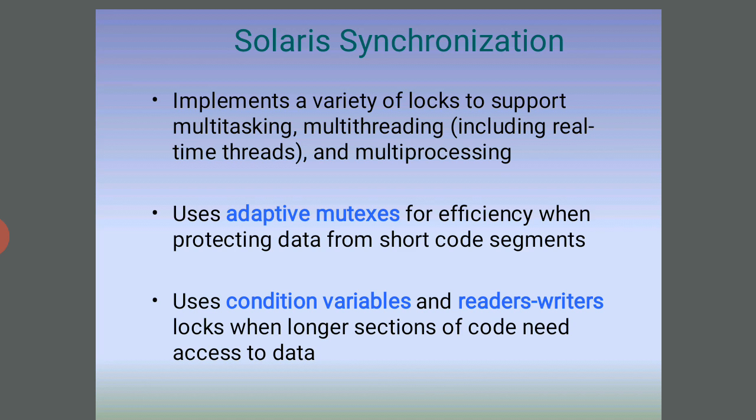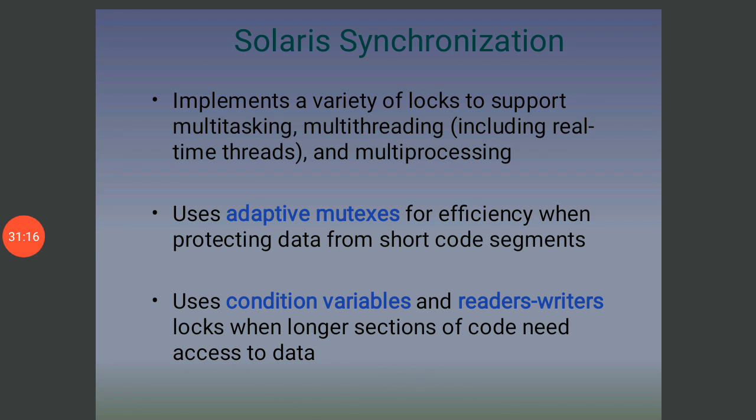So this is Solaris synchronization, which uses adaptive mutexes for efficiency when protecting data from short code segments, and uses condition variables and readers-writers locks when longer sections of code need access to data.